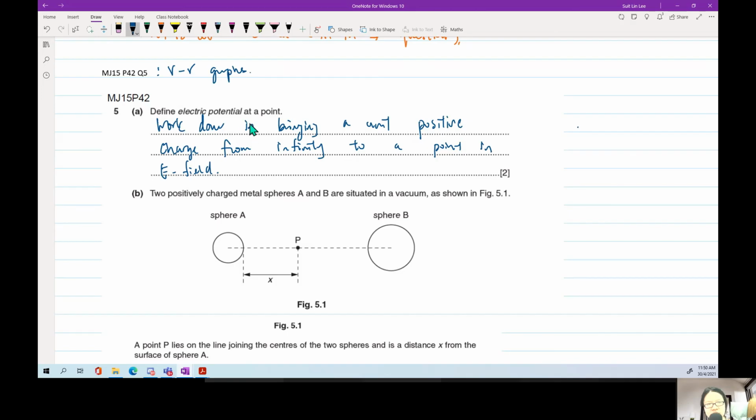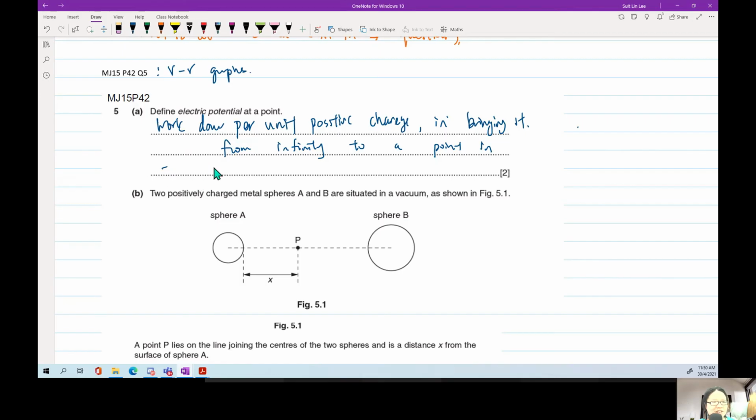Okay, if you are very scared and want to follow exactly the mark scheme, it will be work done per unit positive charge in bringing it from infinity to a point. So we want work done per unit charge, basically. There we go.